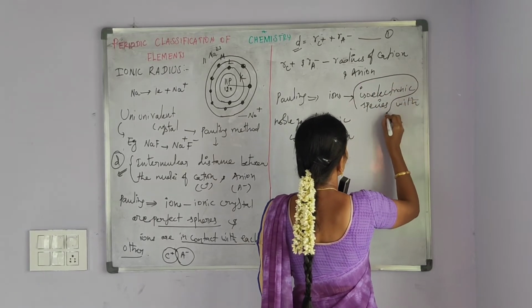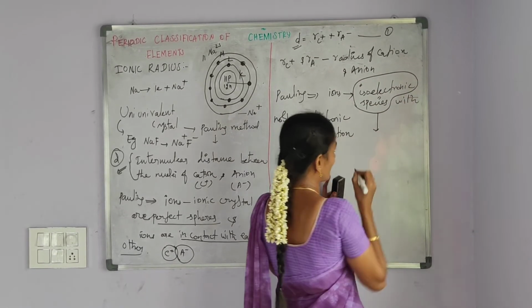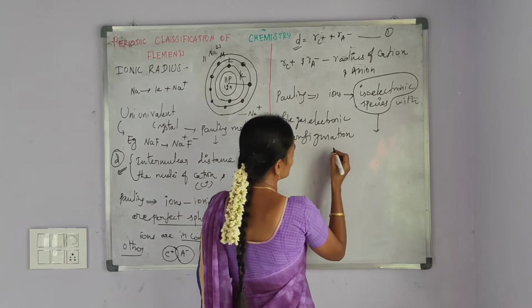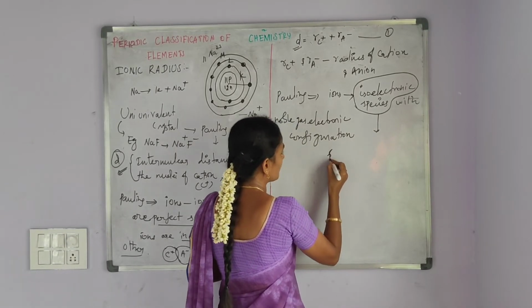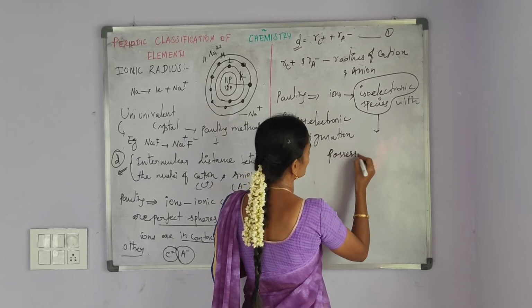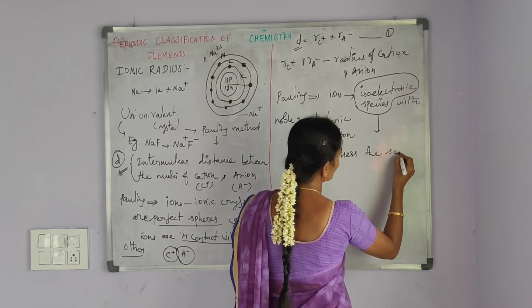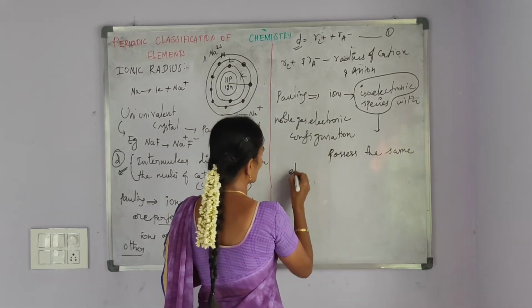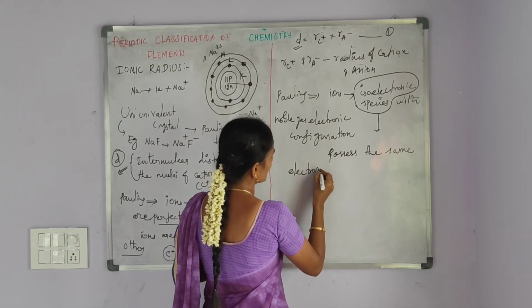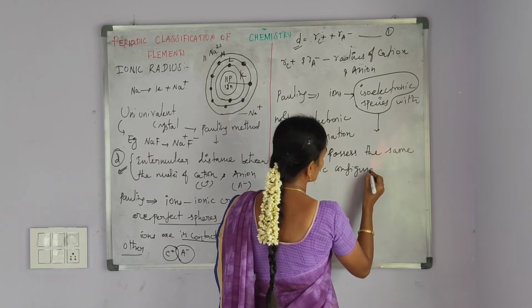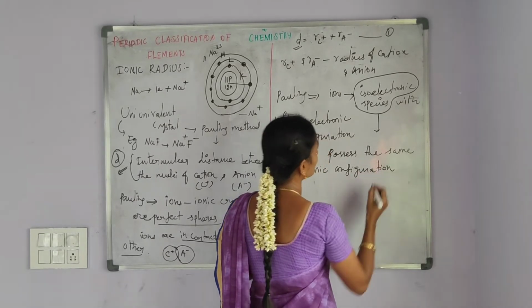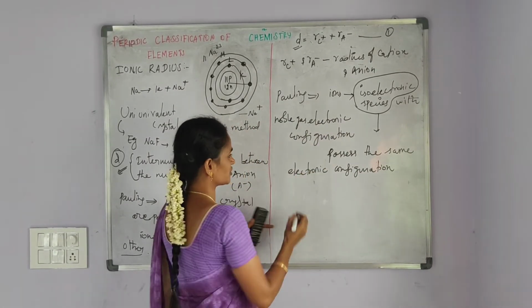Now the question is, what is isoelectronic species? The species which possess the same electronic configuration are called isoelectronic species.